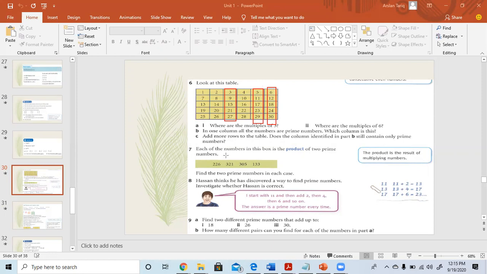Each of these boxes is a product of two prime numbers. According to this question, you have two numbers that you multiply, two prime numbers, and the answer must be equal to 226. Let me show you the answer.